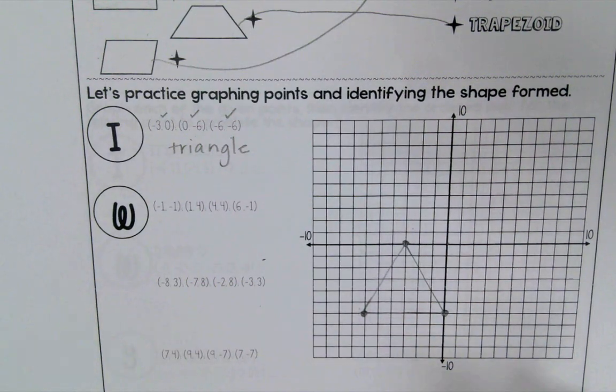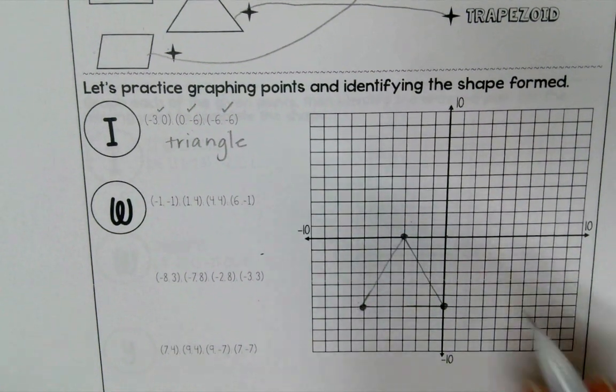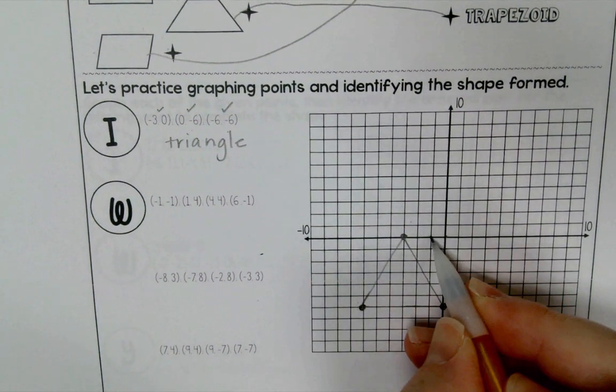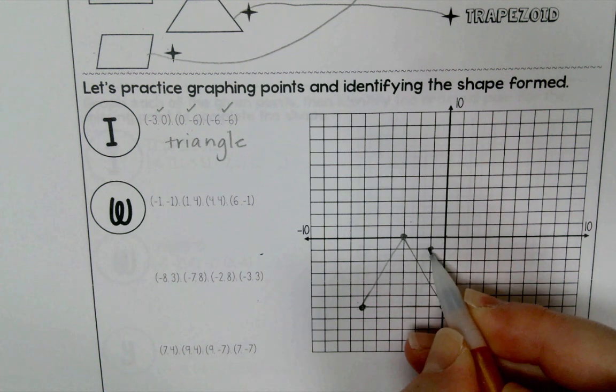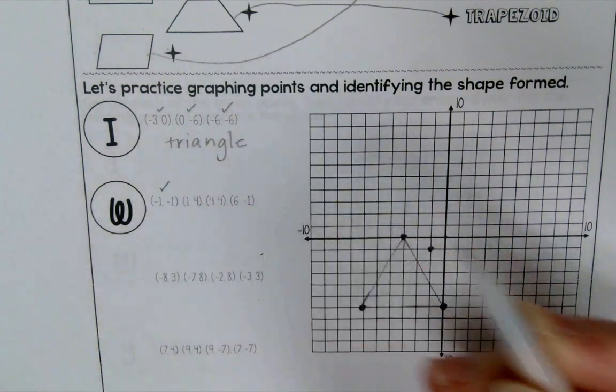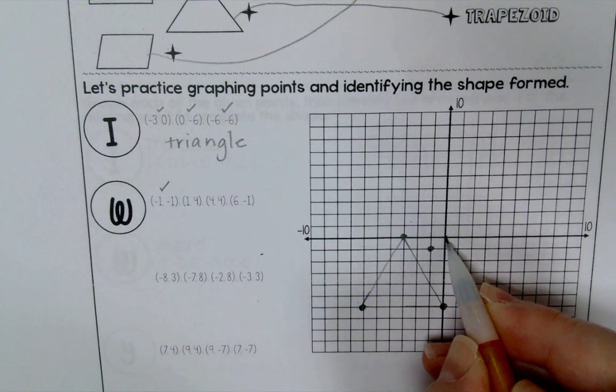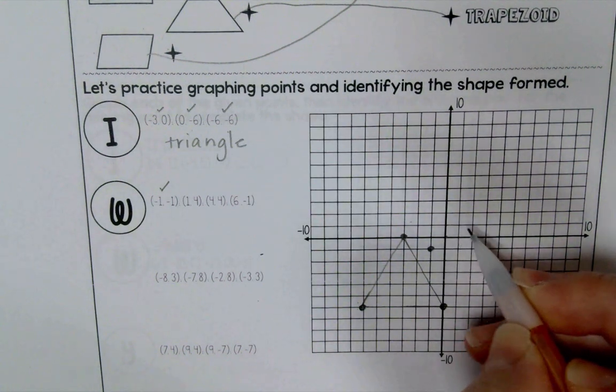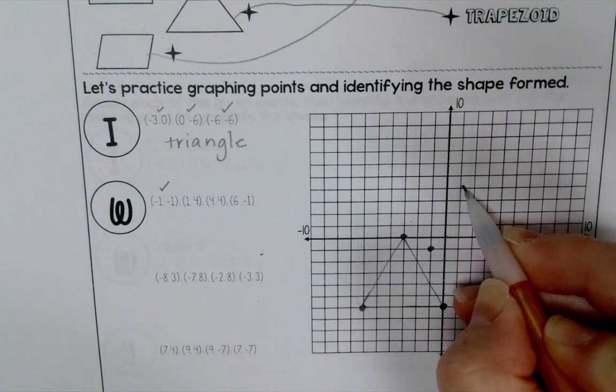Then I have my we do, -1, -1. So to the left 1, going down 1. And then +1, +4. From my origin, +1, going up 4. 1, 2, 3, 4.